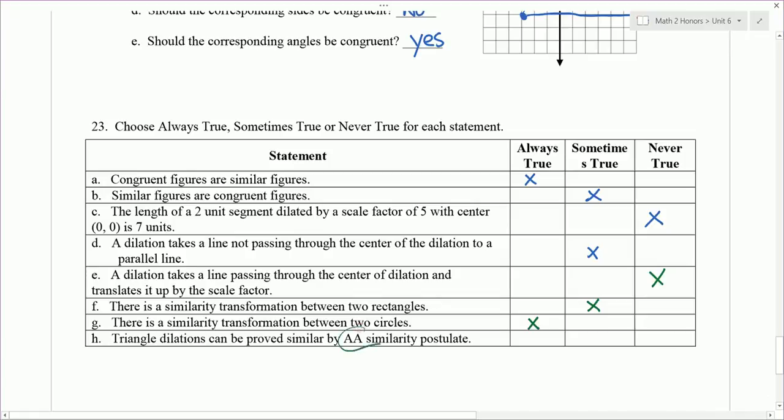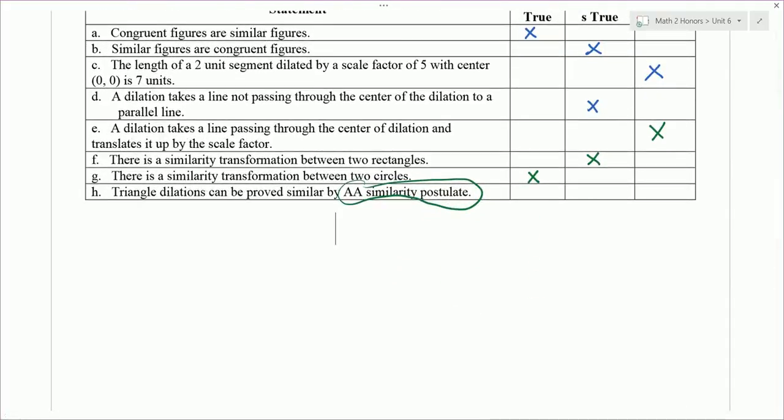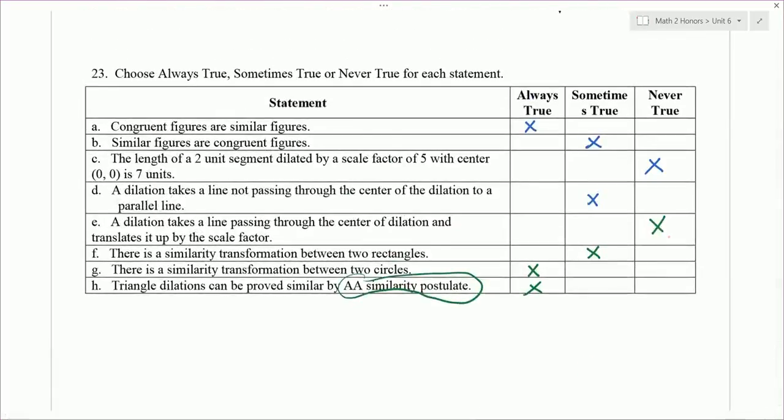That's what the AA similarity postulate does, prove triangles similar, and in dilations you can argue that since the sides of your triangle stay parallel, the angles are going to stay congruent, and then you can use that AA similarity postulate. And that's the end of our review.